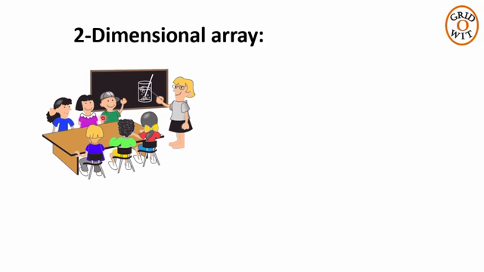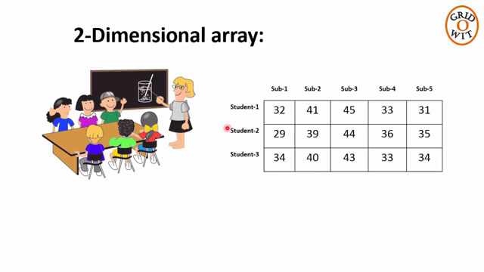Now let us see what is a 2D array, when we will require a 2D array and what is its syntax. We will understand this with an example. Consider a situation when you want to store the marks of all the students in a class. Then in that case you can store them in a 2D array. Rows represent the students and columns represent the subjects, and the value represents the marks of a particular student in a particular subject.